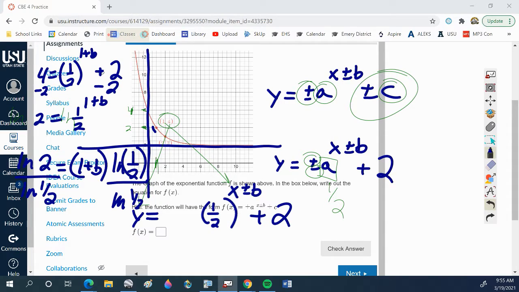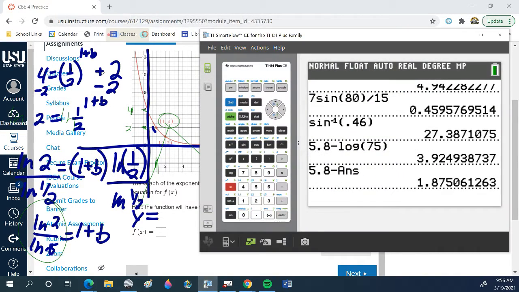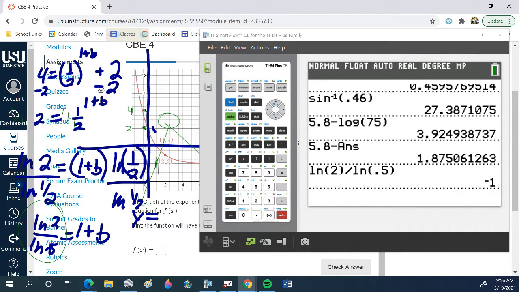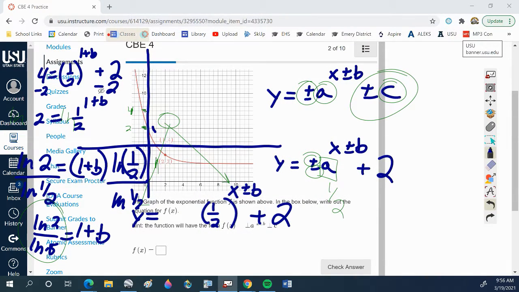So the ln of 2 over the ln of 0.5 is 1 plus b. So I need to figure out what this is. The ln of 2 divided by the ln of 0.5 is -1. So -1 equals 1 plus b.